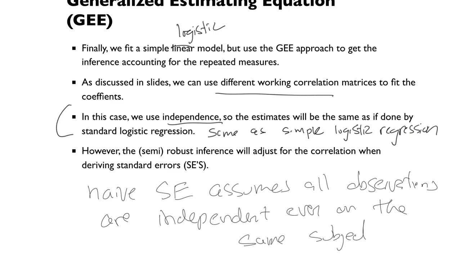Again, we don't report that. We'll report the robust standard error, which allows arbitrary correlation. That will be a less biased estimate of the standard error. And again, just to remind you, standard error is the estimated standard deviation of our parameter estimates in repeated studies like the one we did.